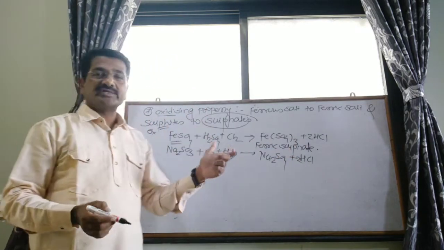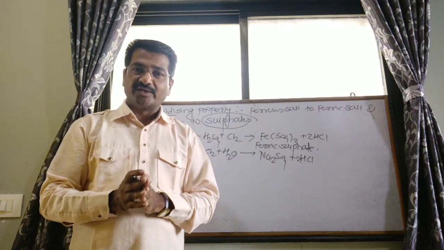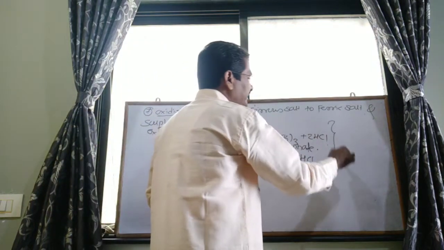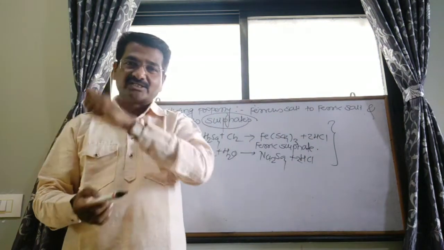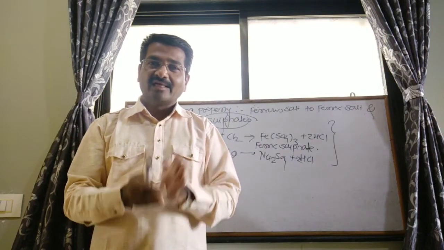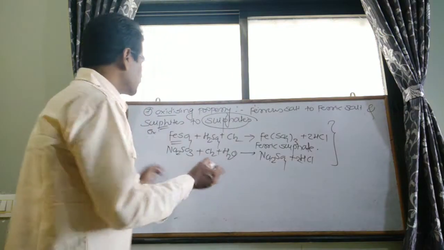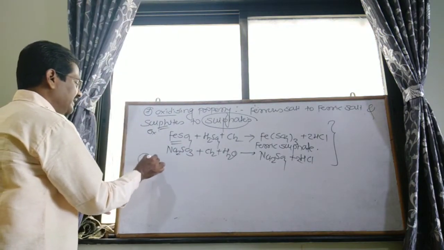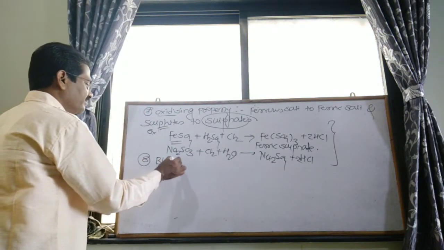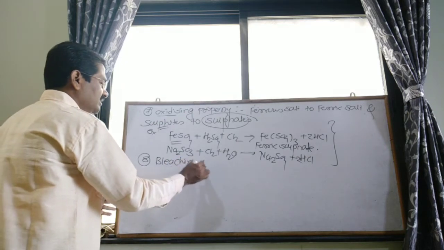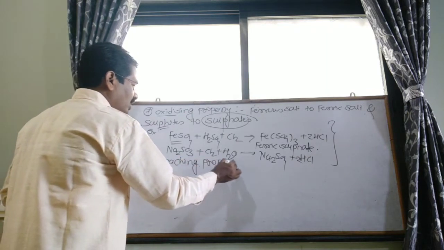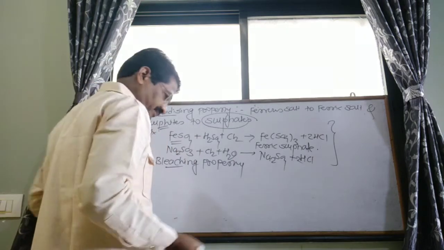So these are the oxidizing properties of chlorine. It shows chlorine acts as the oxidizing agent for different chemical reactions. Then next, the last chemical property, that is the bleaching property of chlorine.